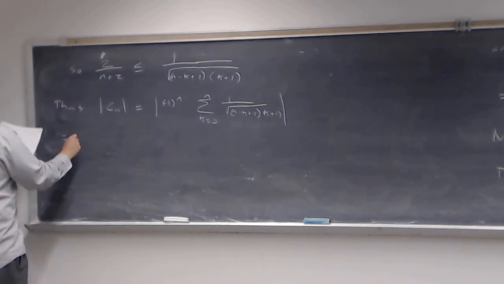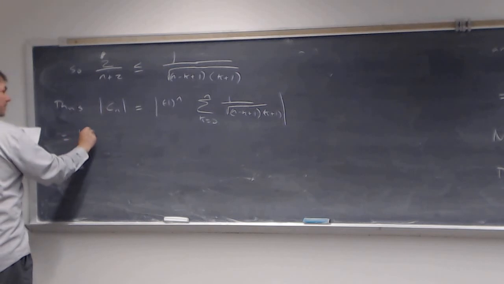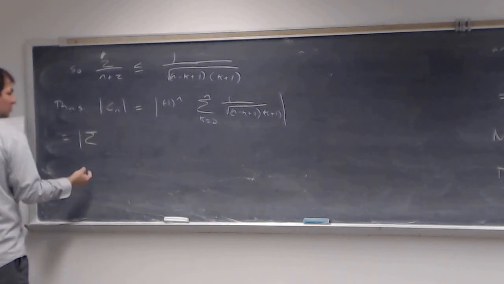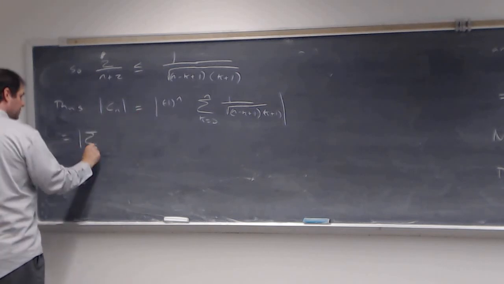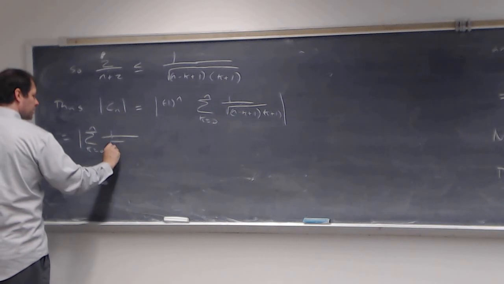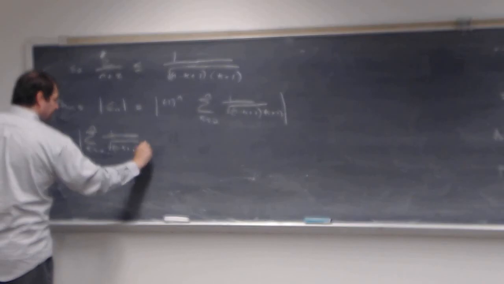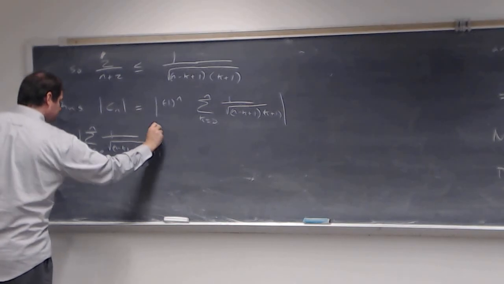is going to be equal to, this is nothing more than the absolute value, because absolute value of minus 1 to the n is just 1. As k runs from 0 to n of 1 over the square root of n minus k plus 1 times k plus 1.